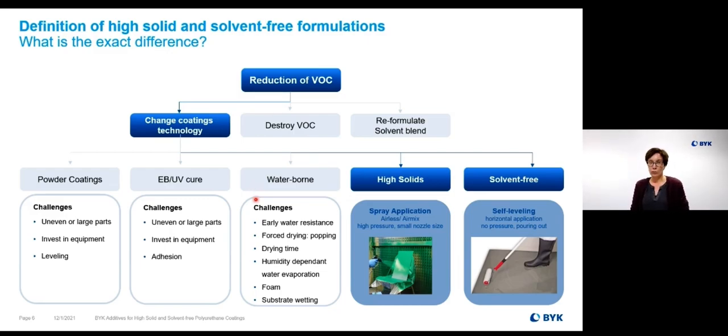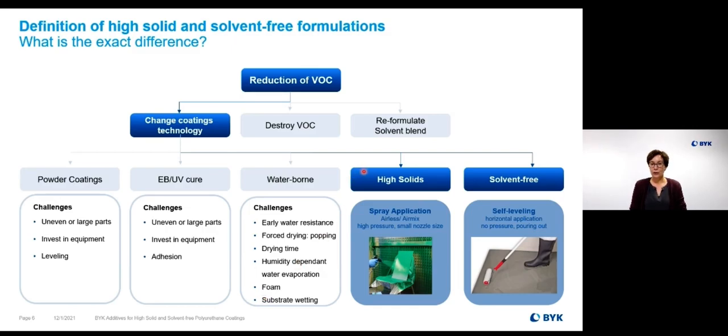When we talk about waterborne systems, we can have problems with early water resistance. When we do forced drying, we may observe some popping. We have different drying time in comparison to solvent-borne systems. It is strongly dependent on humidity. We can face foam as well as some challenges in terms of substrate wetting.